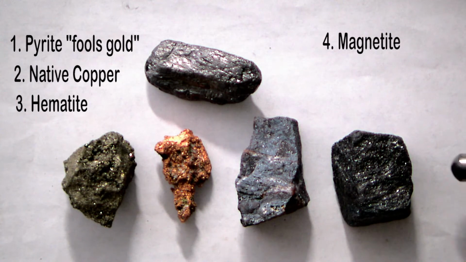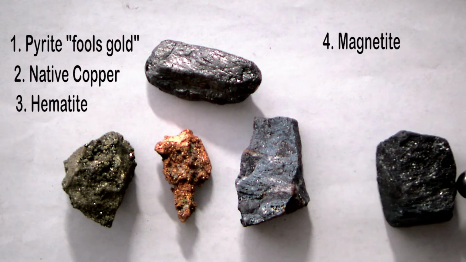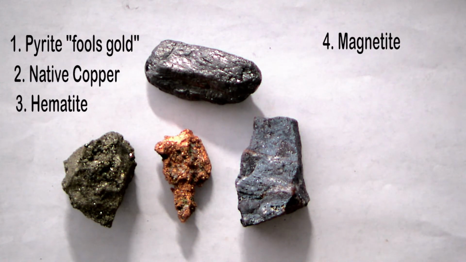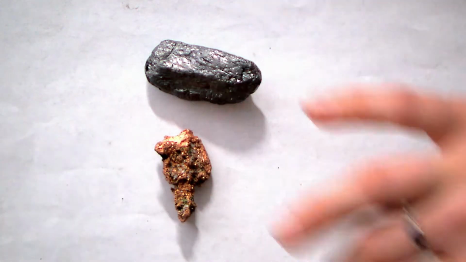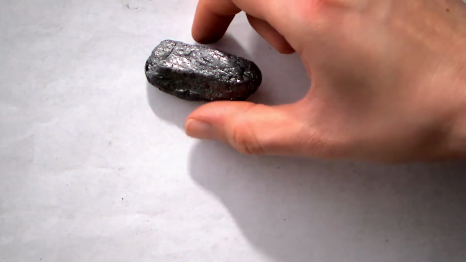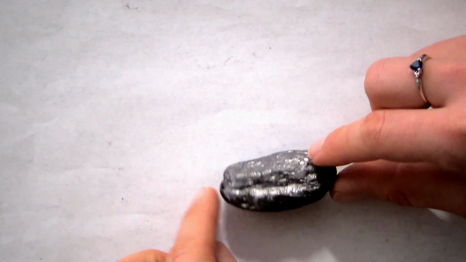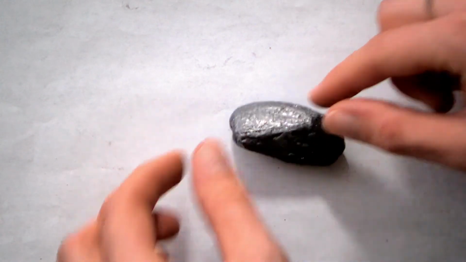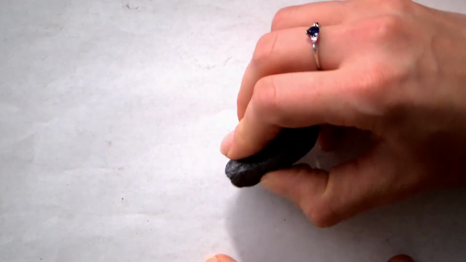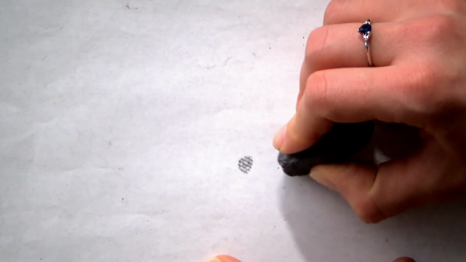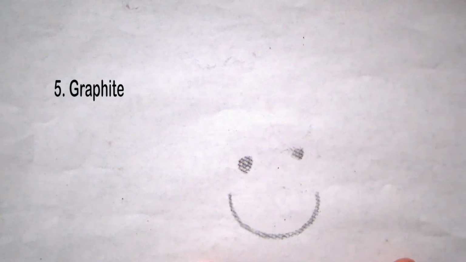Anybody want to take a guess as to how it gets its name? One of my favorites is this guy right here. You're probably very familiar with this if you've ever used a pencil, because it's graphite.